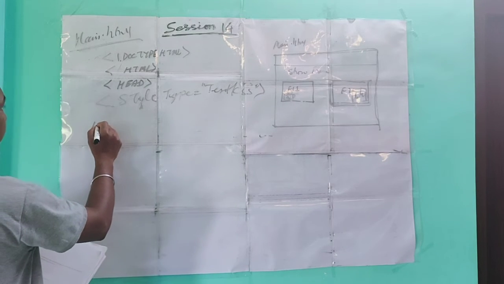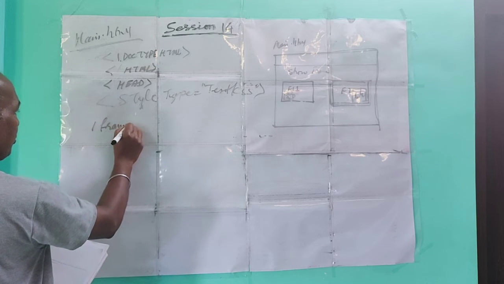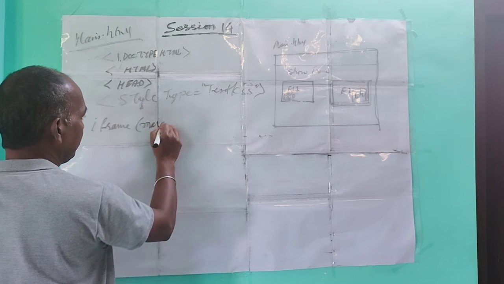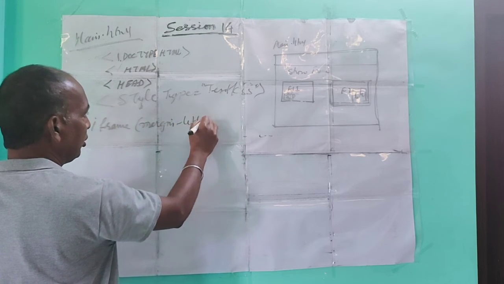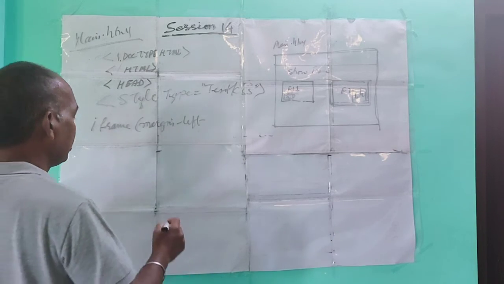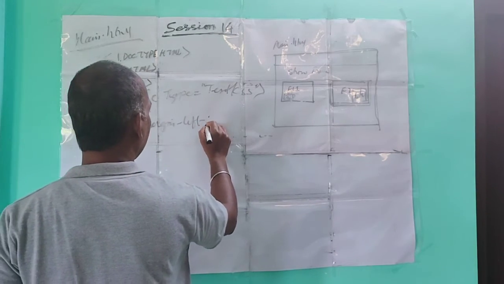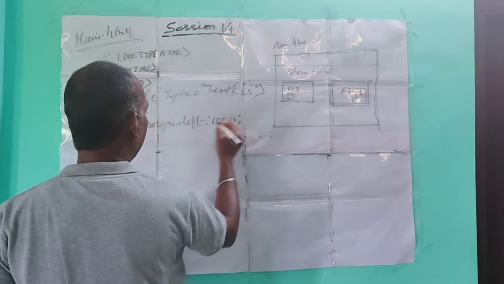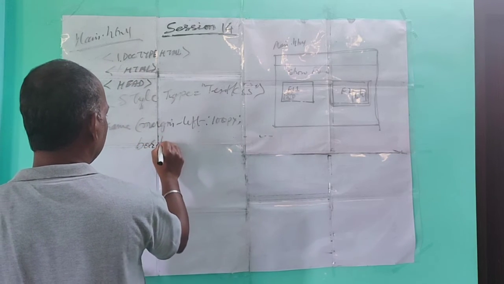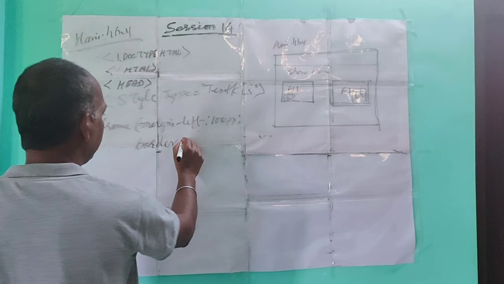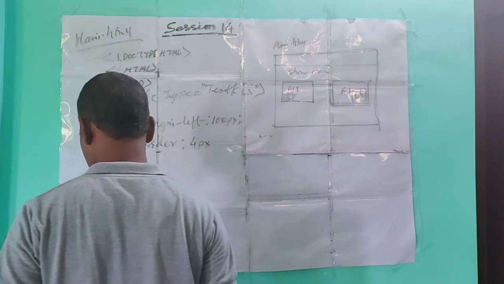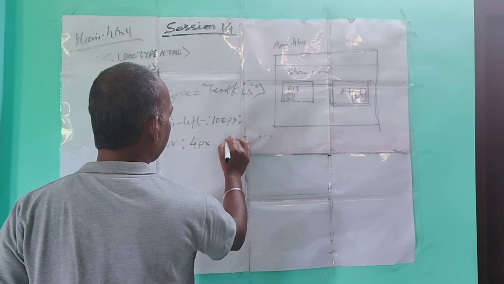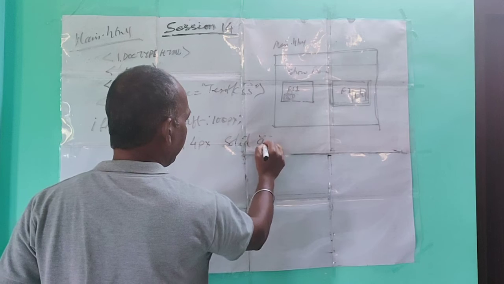Here I am writing iframe, margin-left equals to 100 pixels, then border is 4 pixels and dashed green, or solid green.